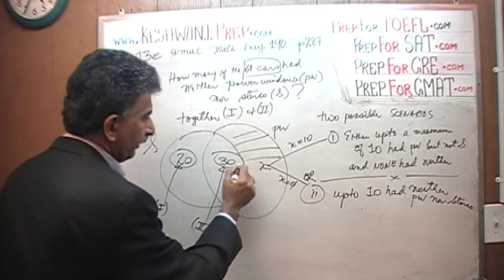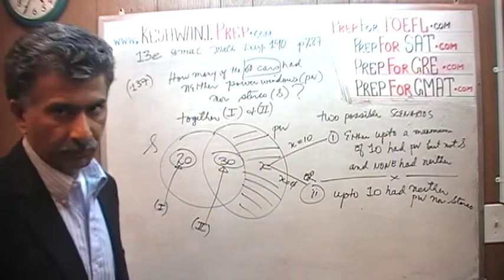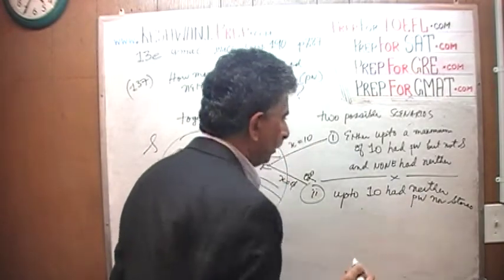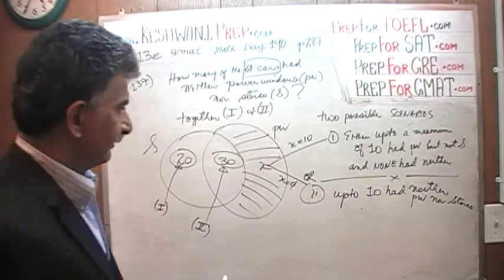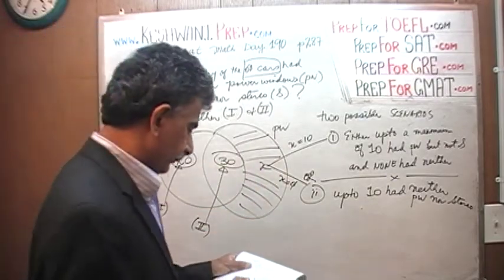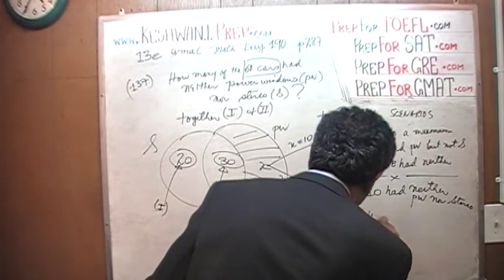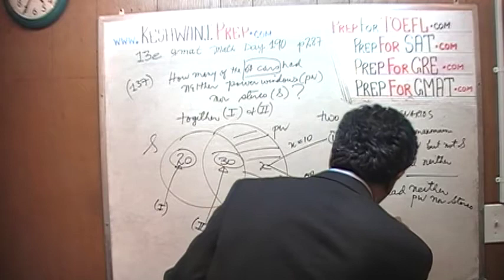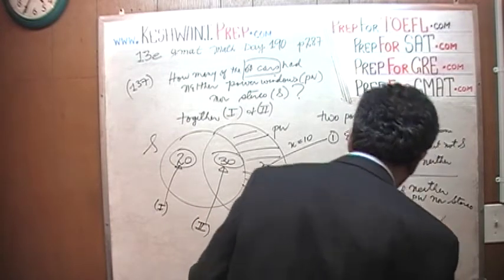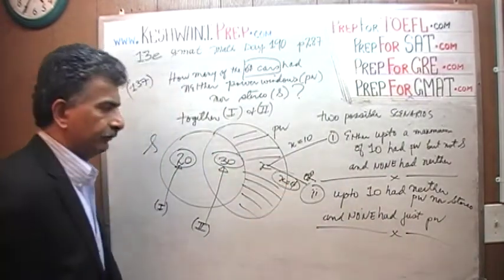Up to 10 cars had neither power window nor stereo, which means there was not a single car that had only power window. As we can see here, X is equal to 0.